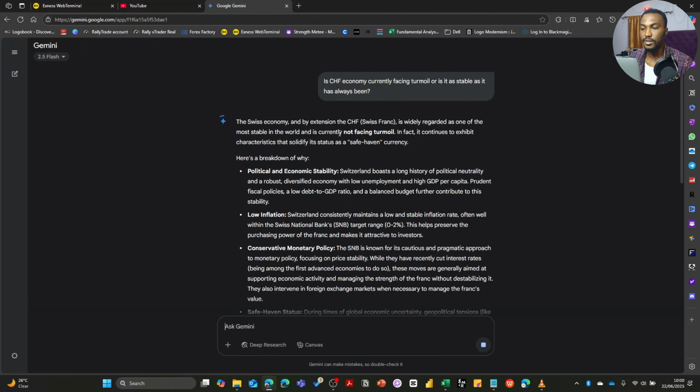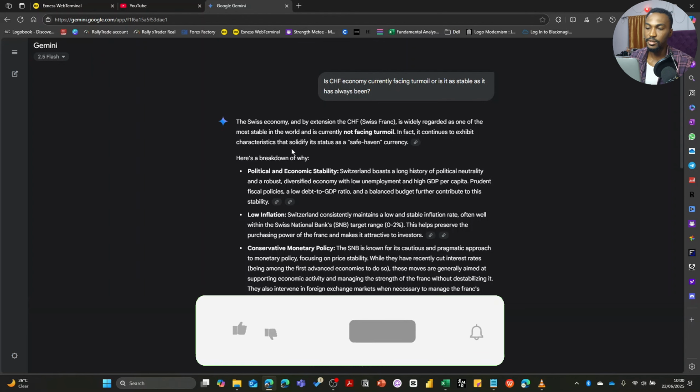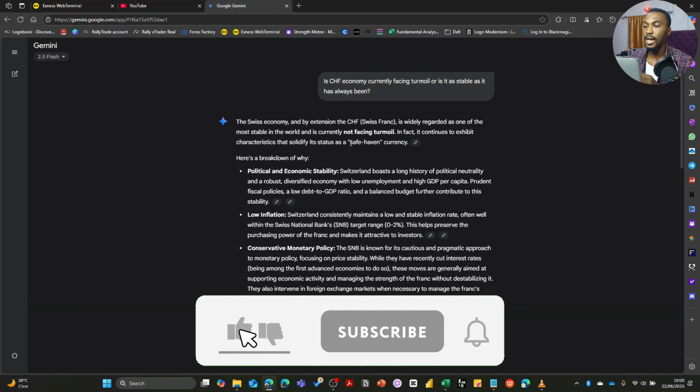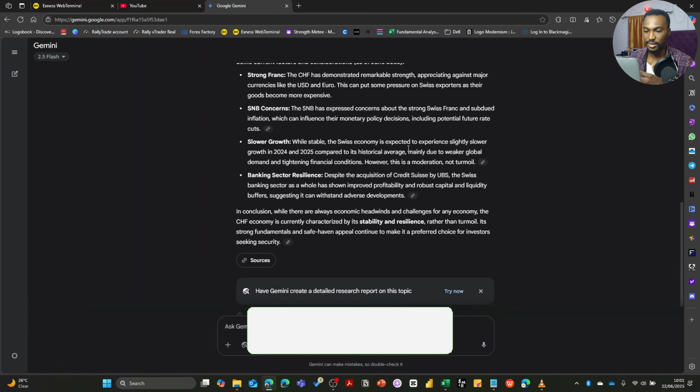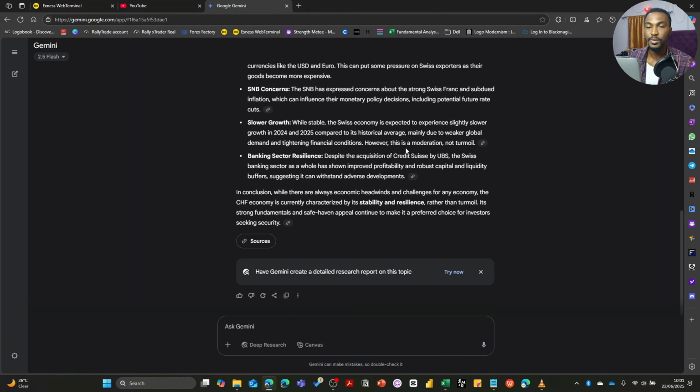You can see the first statement says it is widely regarded as one of the most stable in the world and is currently not facing turmoil. In fact, it continues to exhibit characteristics that solidify its status as a safe haven currency. So going against the Swiss franc is like trying to stage yourself at the bottom, right?